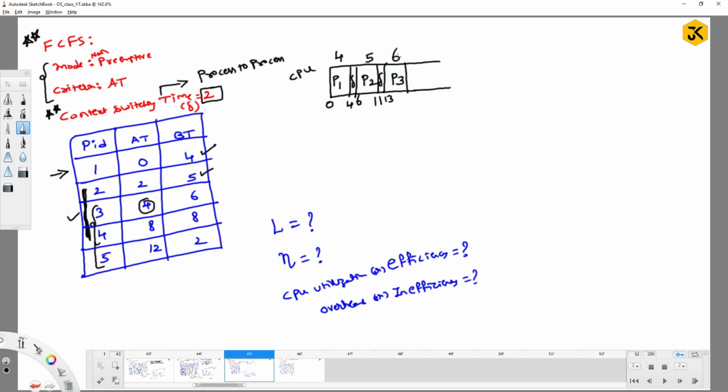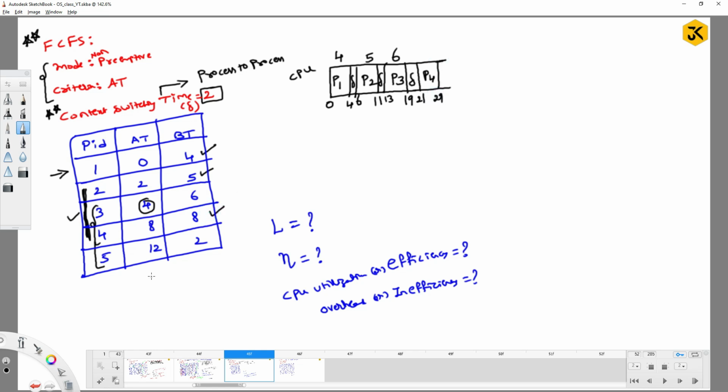P3 is allocated 6 units of time and is done by 19. Now, next it has given a chance to P4. But before giving a chance to P4, I have to apply context switching time. That will be 21, then P4. Again, it will be done by 29. Am I right?